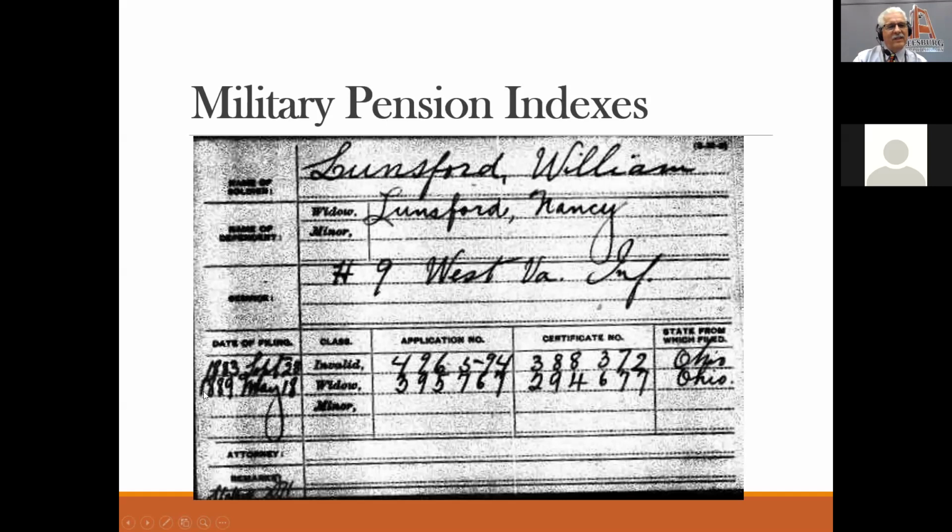Well, it shows you right here in 1889, Nancy was filing as the widow, and these are her numbers. So obviously, William died. So you can get a lot of information out of these, and you can find them on a lot of different places like Ancestry or FamilySearch.